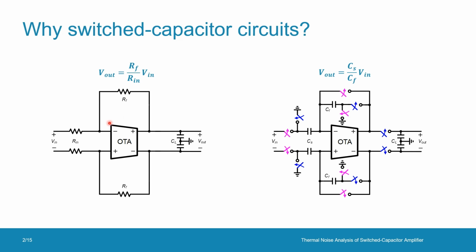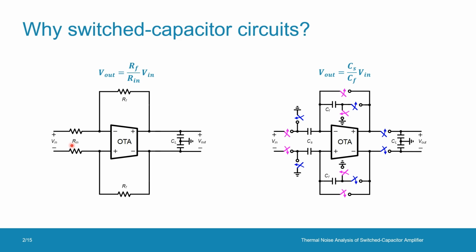For instance, the noise of the input resistor is directly added to the input signal, degrading signal fidelity, signal-to-noise ratio, or SNR. For this reason, Rin needs to be designed sufficiently small.